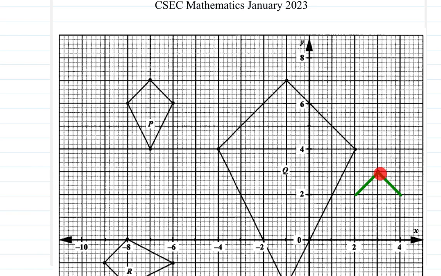So from here it's going to be 1, 2, 3 straight down. So it will lie on the x-axis at 3. So what you're going to have is this and this. Alright, nice. So it says you should label it P prime.